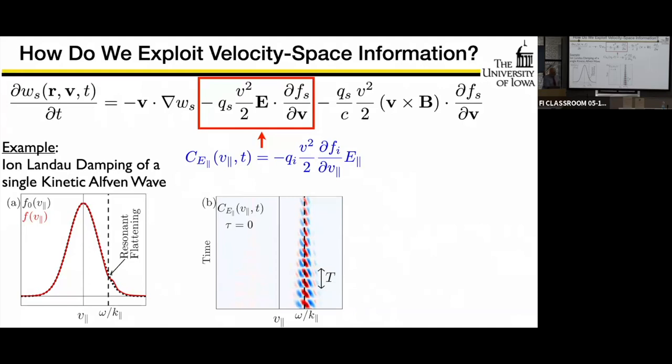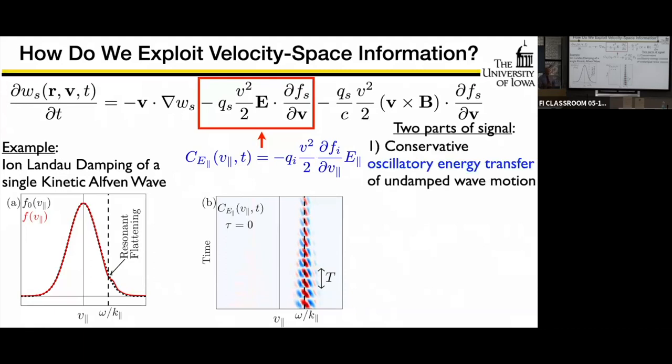So what is this signal telling me? It's a bit hard to interpret. Well, there are two parts to the signal. The first part is a conservative transfer of energy between the fields and the particles. And this is just associated with undamped wave motion. If you have an Alfvén wave, kinetic energy pulls the plasma up, stretches out the magnetic field.